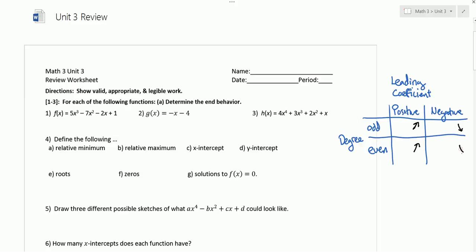So this is the right side. Now, if the degree is odd, then left and right sides will point in opposite directions. It doesn't matter what's in between. We're just looking at the end behavior.